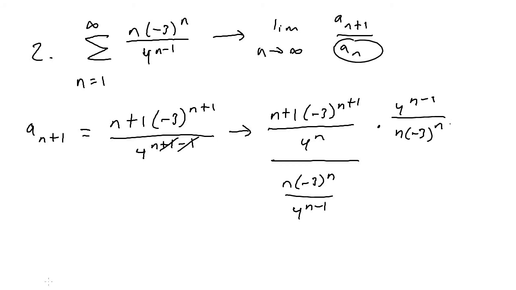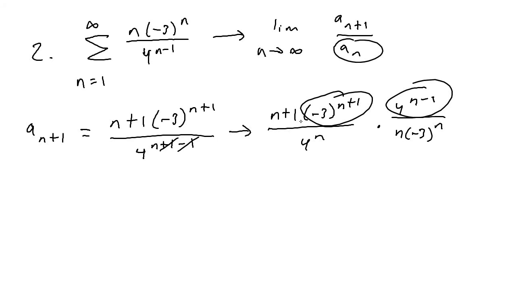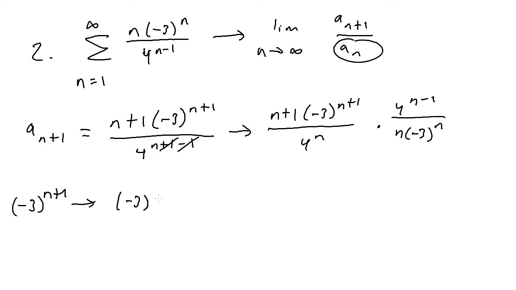Now similar to the previous problem, we can actually break up a couple of these exponents. Since 1 is being added to n here, this is just going to be a multiplication. So negative 3 to the n plus 1, we can break that up into negative 3 to the n times negative 3 to the first.